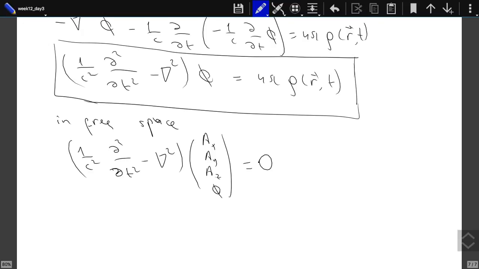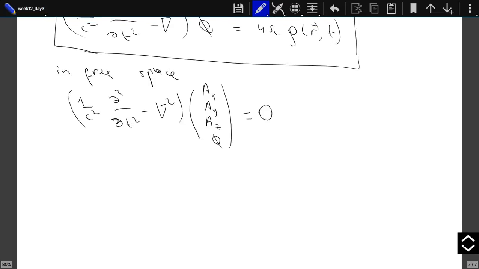Is this equation familiar to you, this differential equation? Or let me write it in a single component, in a single dimension: 1 over c squared ∂²/∂t² minus d²/dx² is equal to 0 in one dimension. Does it ring any bells?